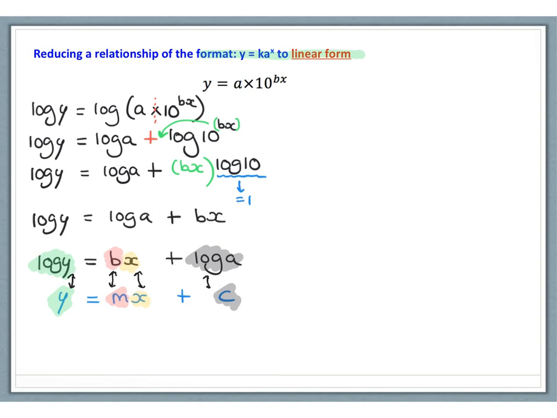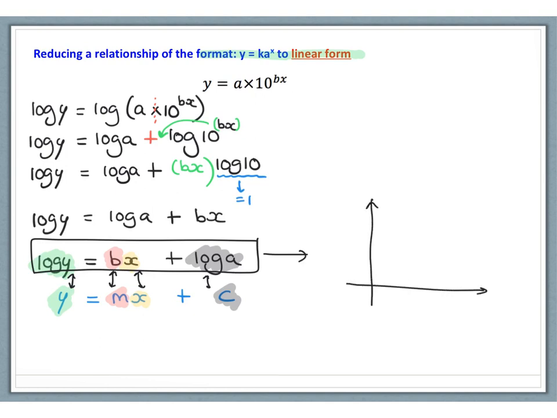And our aim this time is to use this result here and plot a graph of, this time on the y-axis, log y, but this time on the x-axis we will plot x. As you can see from the format, x is just x here. Now, the straight line graph that results, we can find its gradient. And as you can see from the matching we did just now, the gradient must equal b.